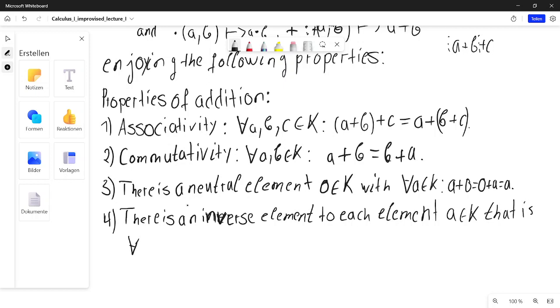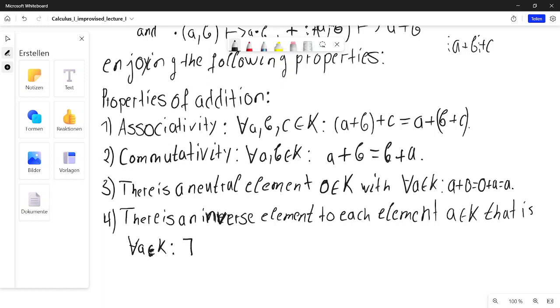For all A, element of K. So we fix one, right? Fix one, but we could choose as fix anyone, and so we could go through all of them separately, right?